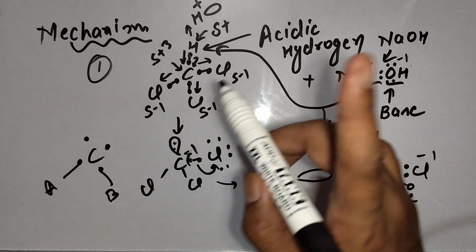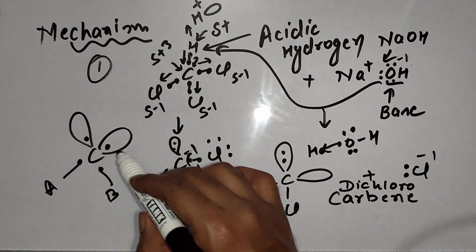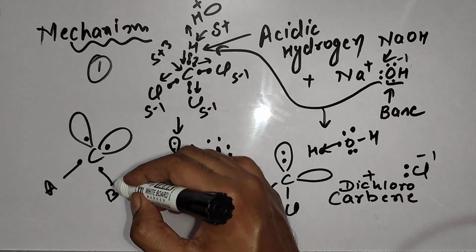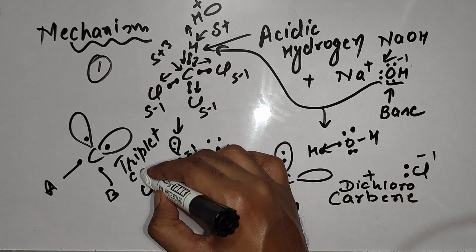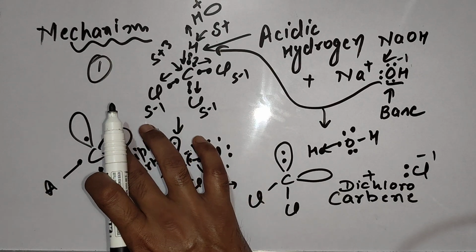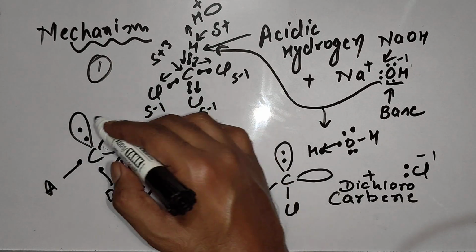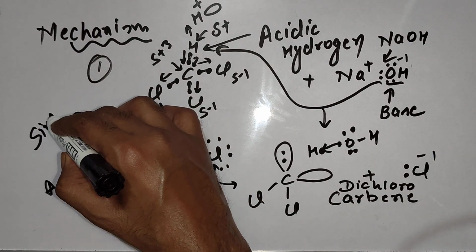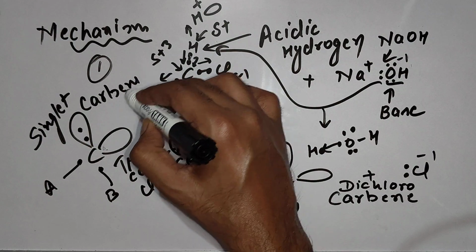Now, carbenes are also of two types. If these 2 unpaired electrons are in different orbitals, we call such a carbene triplet carbene. And if both unpaired electrons are in the same orbital, we call it singlet carbene.